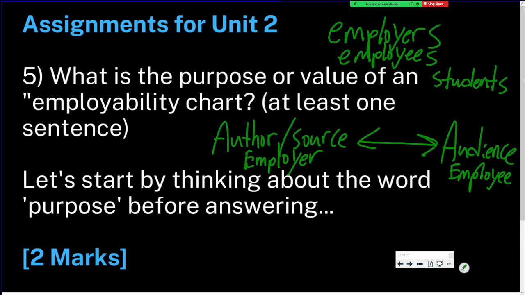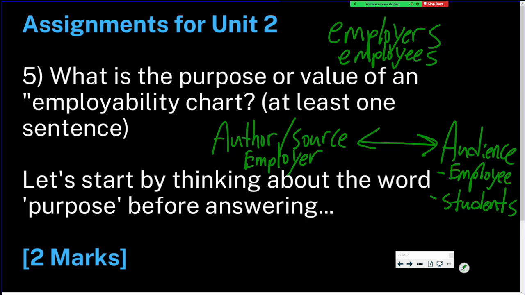And then the audience, the employee or the student, they're going to learn from this, right? So they're going to learn how they can develop their skills. So the purpose of a document depends on the person who's using it.